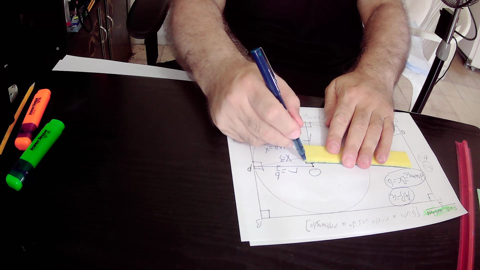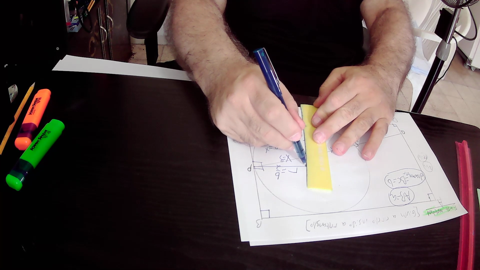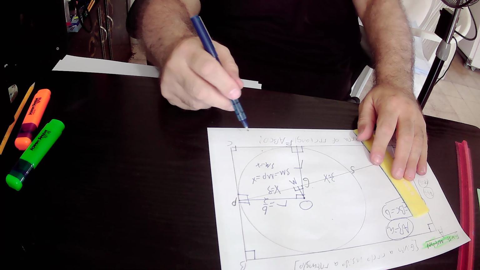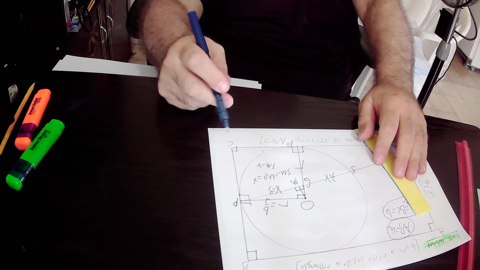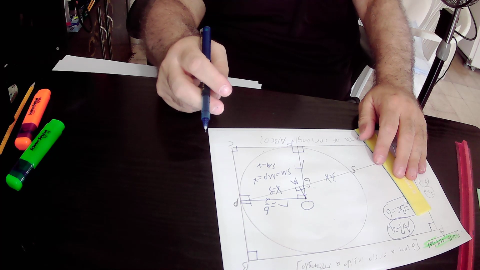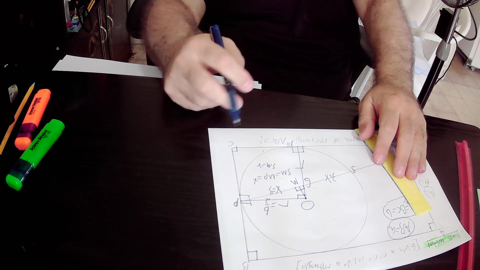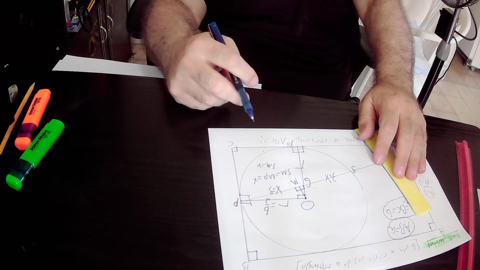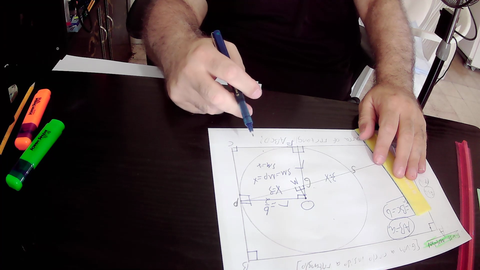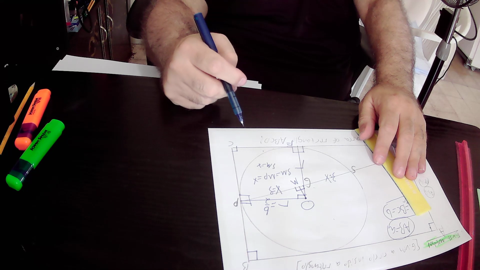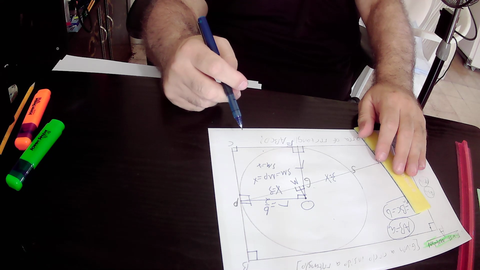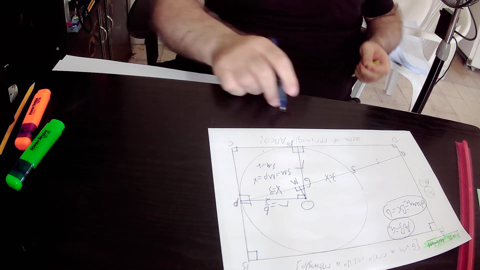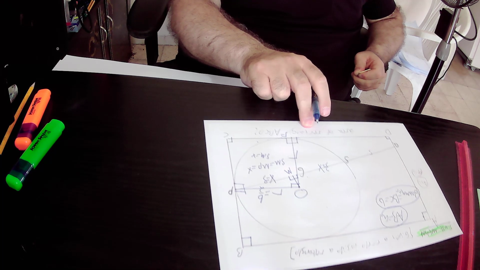So inside quadrilateral OPFC we have 4 right angles. And any quadrilateral that has 4 right angles must be at least a rectangle, if not a square. So actually quadrilateral OPFC is a rectangle.